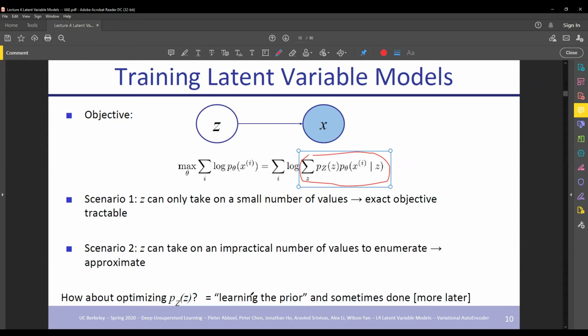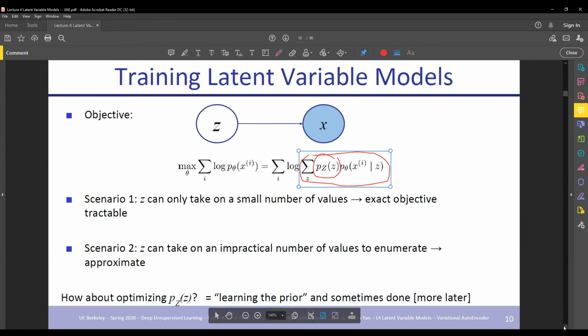Now, one thing that is done, and that's the second step, is learning the prior, and the prior is the latent distribution here, pz of z, and we'll look at what that approach entails.